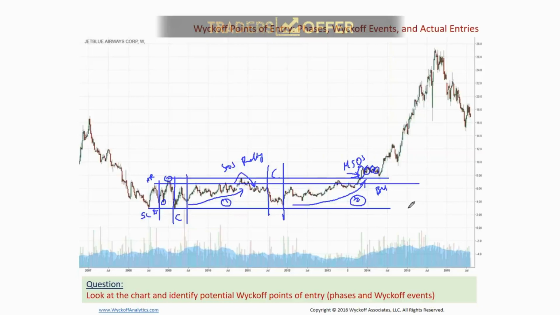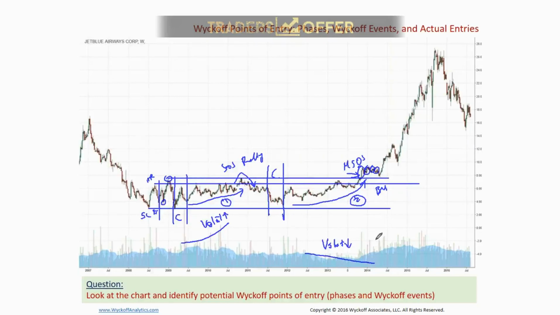Yes, the first rally is more volatile. We have a number of cases where we have reactions to the downside, and with the second rally we see fewer reactions, and actually smaller reactions. Absolutely.